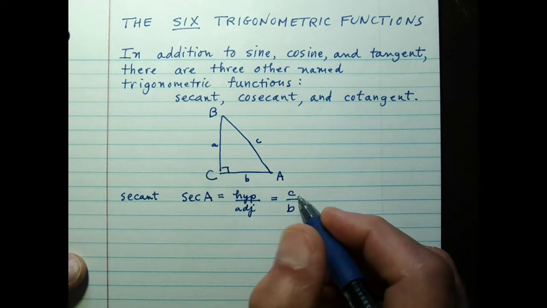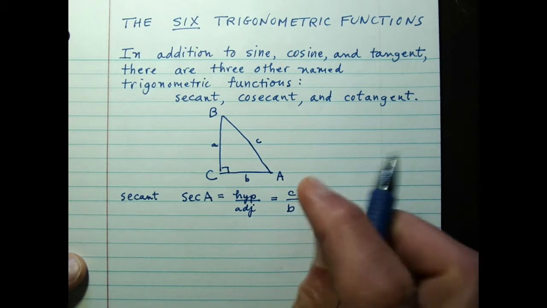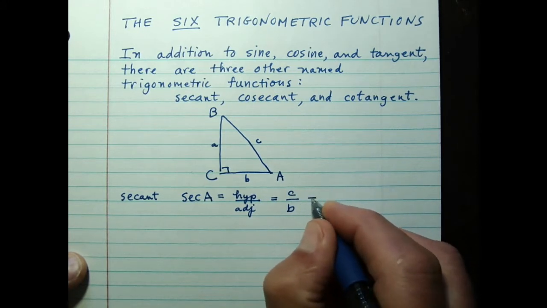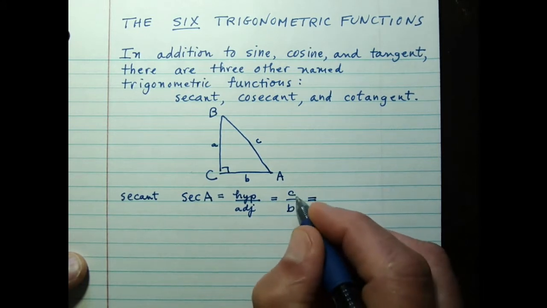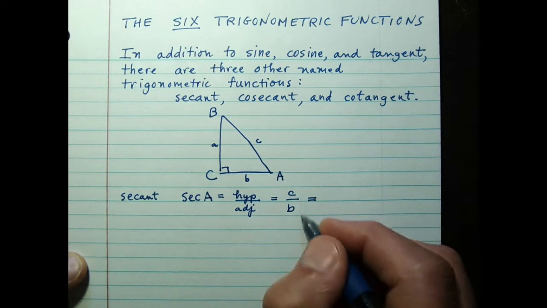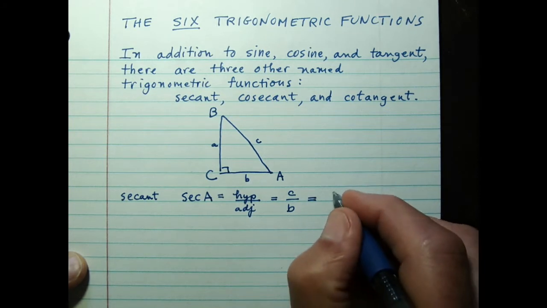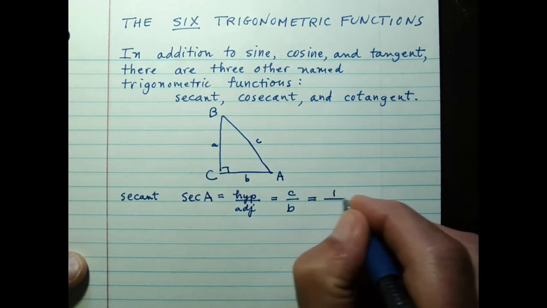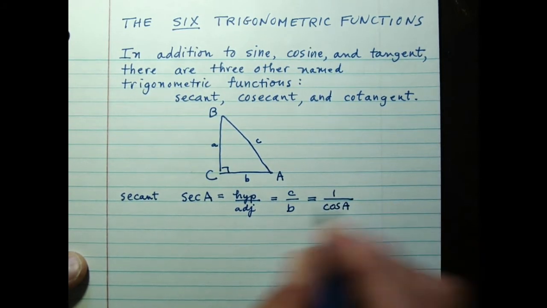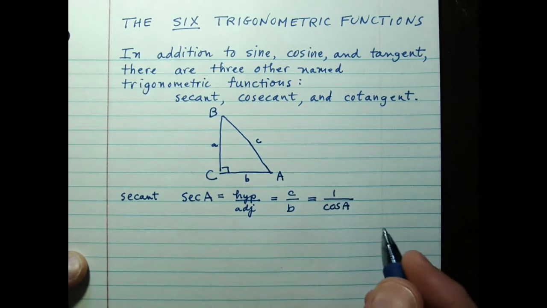What I observe is that this C over B is just the reciprocal of cosine. We've just flipped the cosine fraction. And so another way to write this idea is to just say this fraction is equal to 1 over cosine of A. And that's what I remember. I remember that secant is 1 over the cosine.